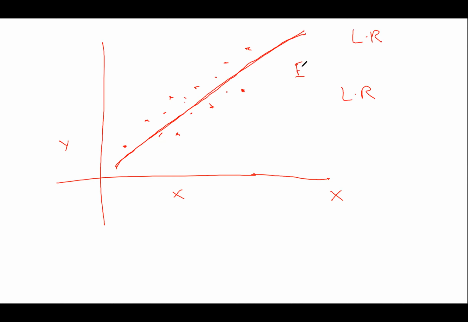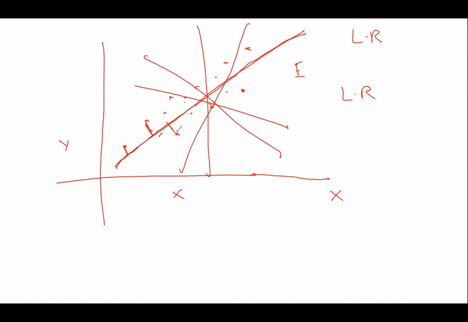I can fit one line like this, another line like this, and another like this. But if you take the residual, meaning after you fit it you take the distances of these points to the line, those are the errors. This line is this much away from the actual value. So this is error 1, this is error 2, this is error 3.